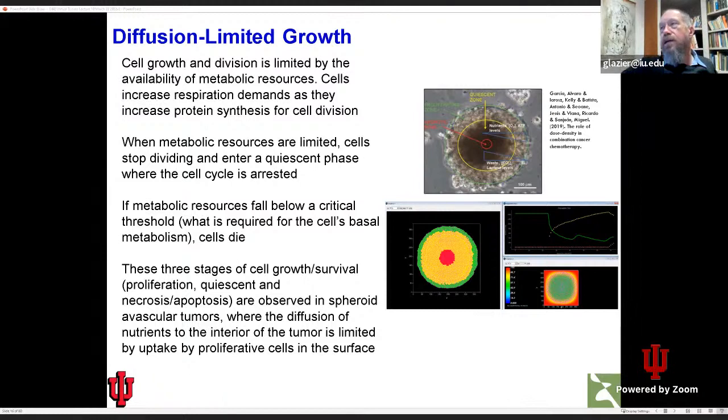And so here is a picture showing essentially the proliferation zone on the outside, a quiescent zone inside of that, and then it's hard to see, but there's a small necrotic core in the middle. And this is typical of almost any solid tumor that doesn't have blood vessels growing in it.